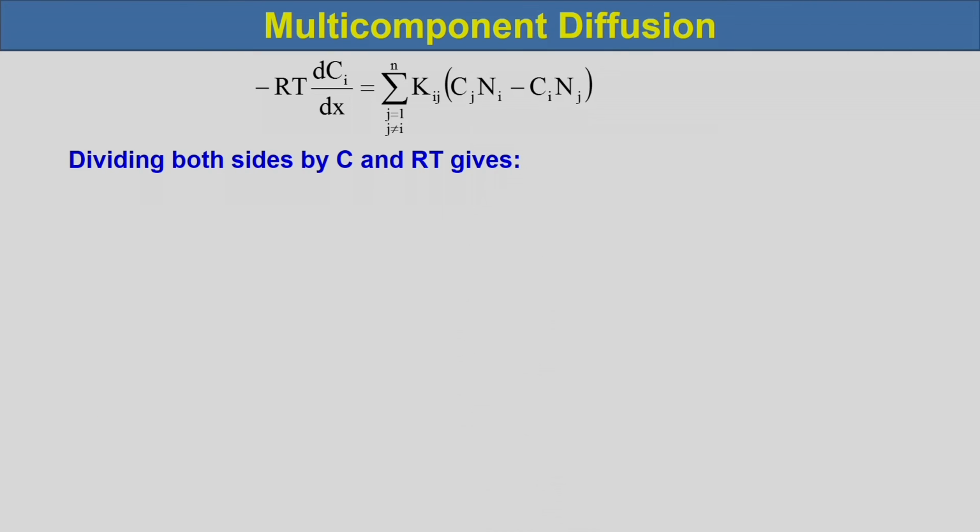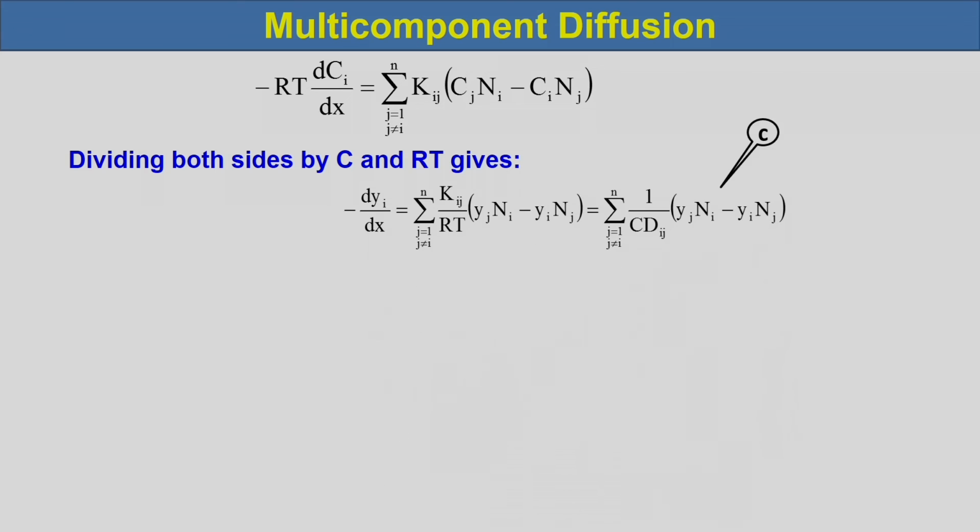Now, if we divide this equation on both sides by C and RT, it gives minus dYi/dx equal to the summation over j equal to 1, j not equal to i, to n of k_ij by RT into (Yj Ni minus Yi Nj), and we can write this as the summation over j equal to 1, j not equal to i, to n of 1 by C D_ij into (Yj Ni minus Yi Nj).